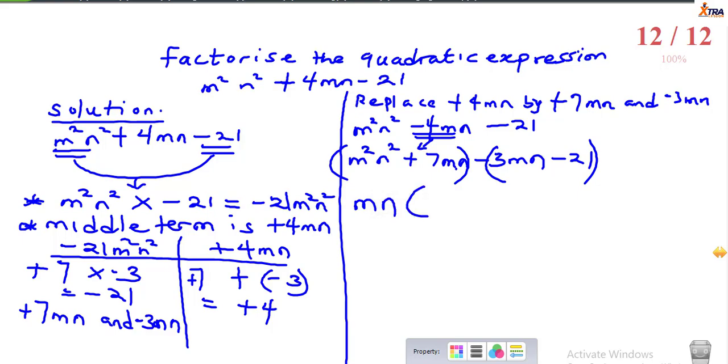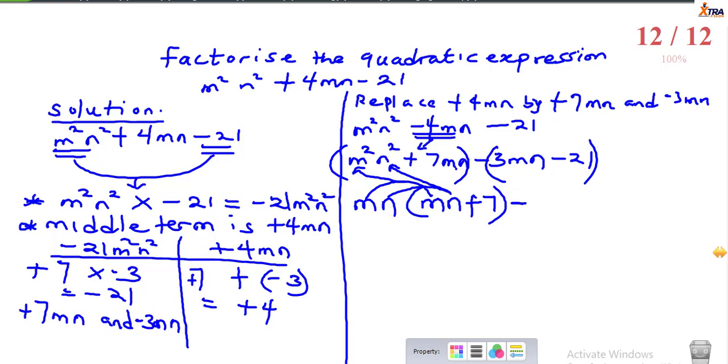So here now, what is left in this bracket should be m, and of course we have n. So m times m will give you m squared, and n times n will give you n squared as well. So that one is settled. Then plus, what do you have left there? 7, definitely, because mn is already out here, so you have 7 left.